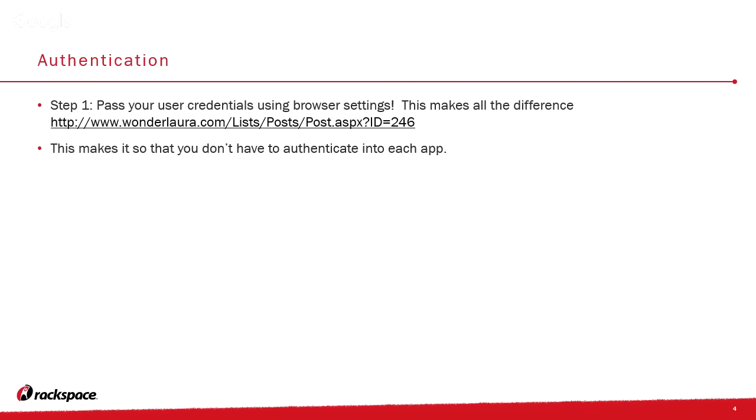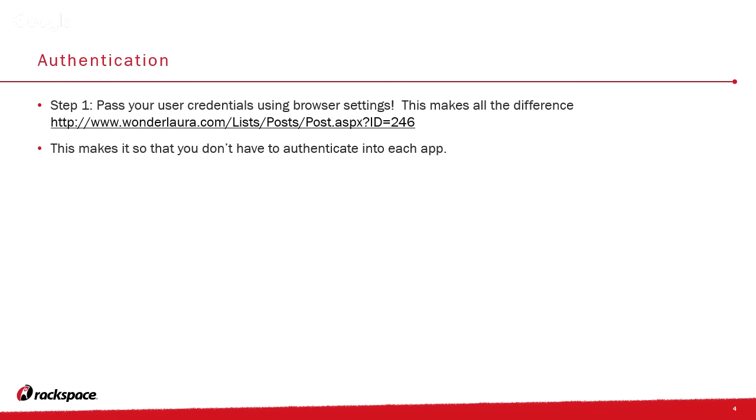The first thing I wanted to point out, and I put this link in the showcase app to share with y'all, is that it really helps to go into Internet Explorer and change certain settings that will make it pass your credentials over to not only this SharePoint, but all of your Office apps.